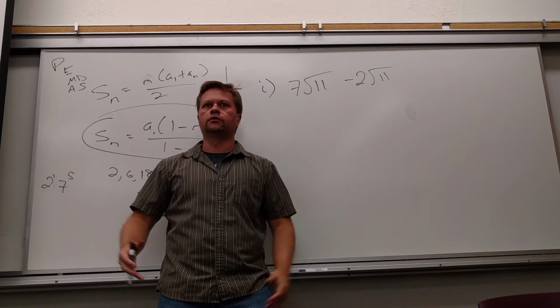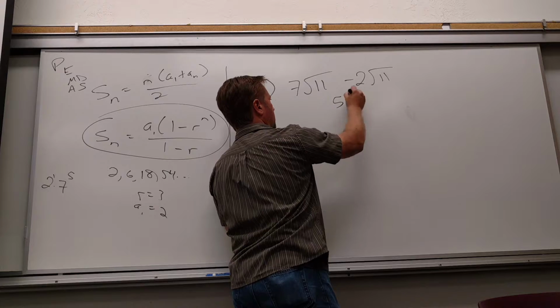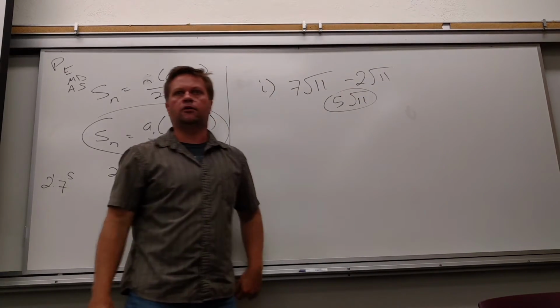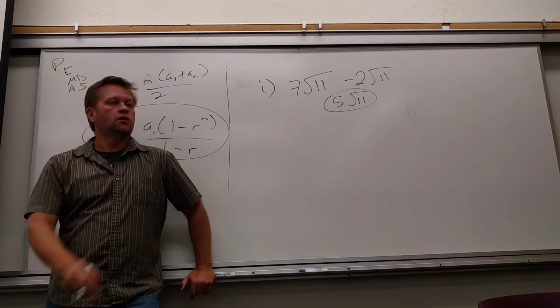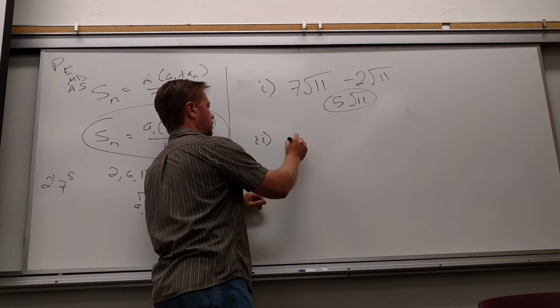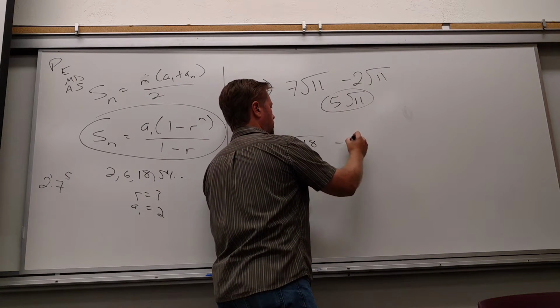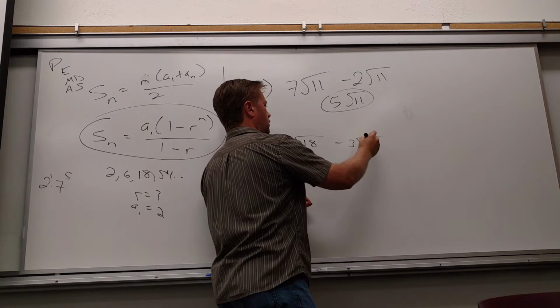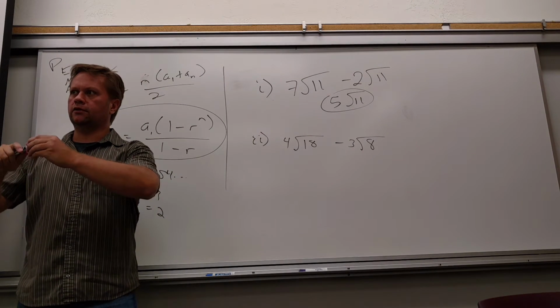You got 5 chairs, man. So 7 of these minus 2 of these is 5 of these. That's not even mathematical. That's just keeping track of things, right? So if the question then is actually this, 4 square root of 18 minus, what do you got, Jeff? 3 square root of, you can do it, 8. I have to encourage myself.